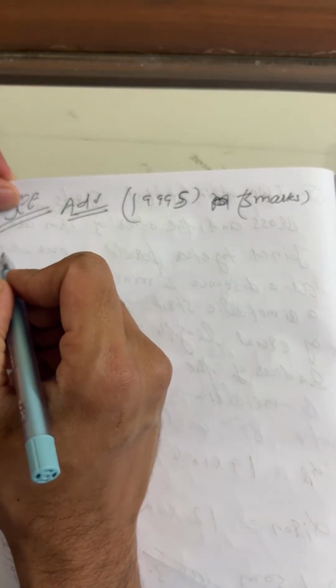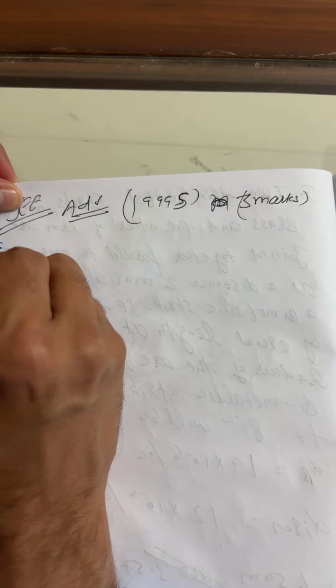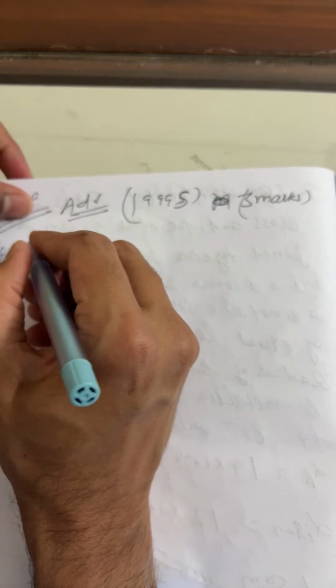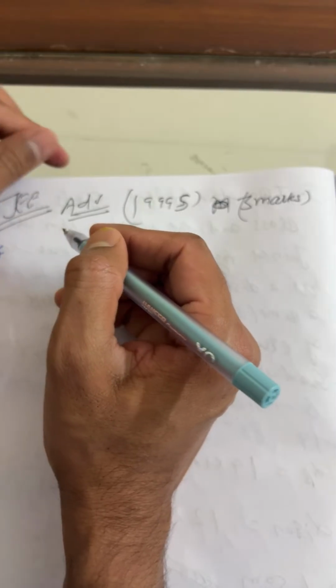So what's the question here? Note down the question with me, everyone. It's a JEE Advanced 1999 supplementary question, 3 marks.